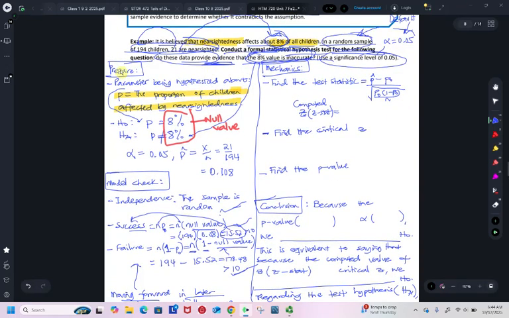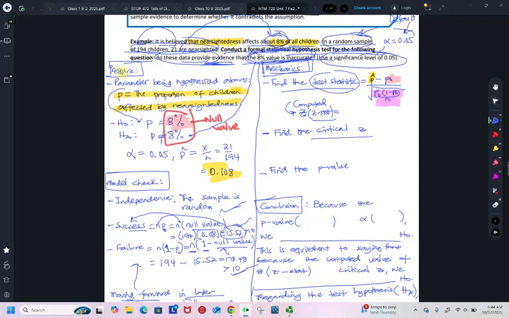Now, the next step, which is the fourth step, will be to find the value of the test statistic. That requires us to take the sample proportion and look at how far it is from the assumed population proportion, aka the null value, and then divide that by the standard error and get what we call the computed z, or the z statistic, or the test statistic.